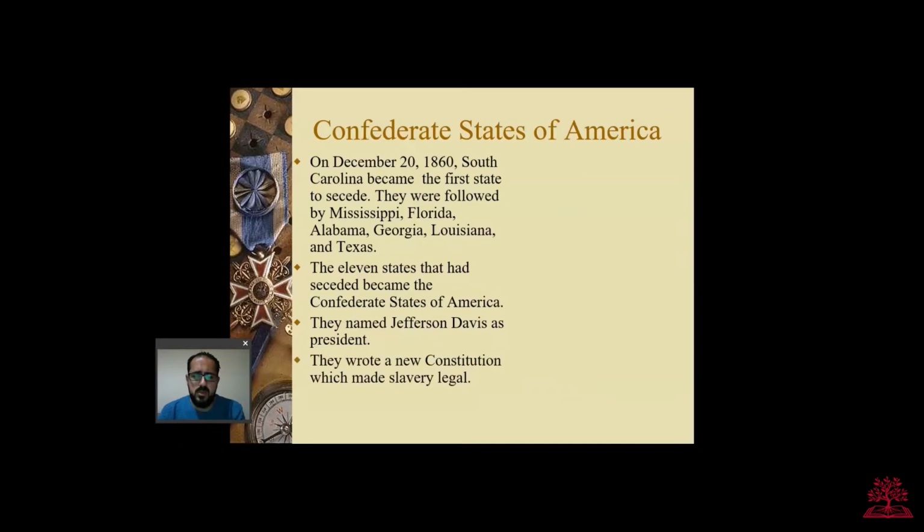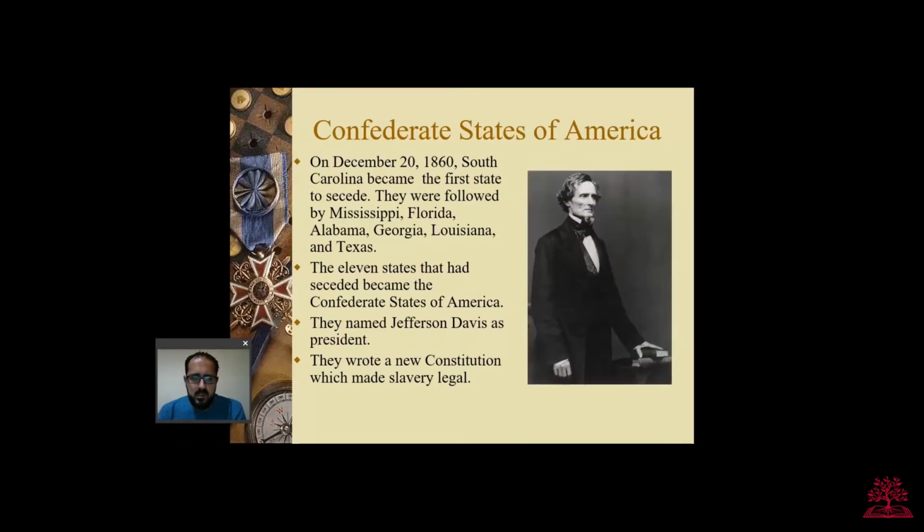They wrote a new constitution which made slavery legal. So again, there comes the major problem, which is slavery. Abraham Lincoln was against slavery. He wanted to end slavery, but the South did not agree. So they seceded, formed a new country, and wrote a new constitution in which slavery was legal.